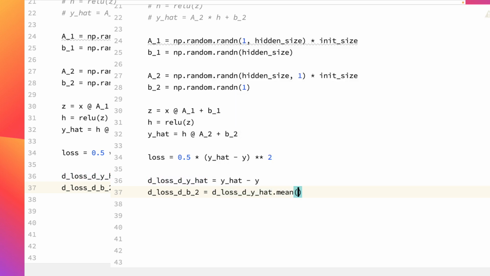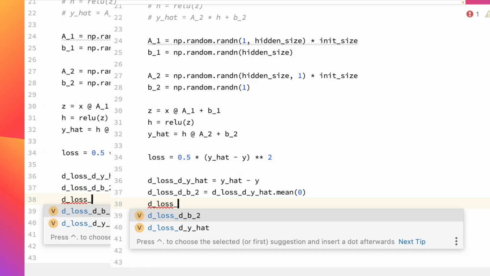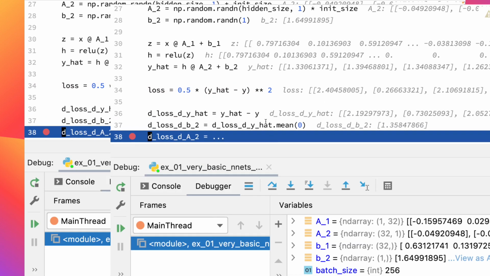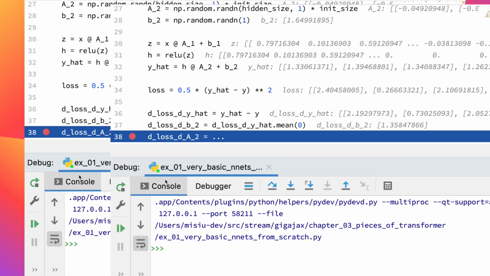So we want to take the average of this, right? And then we take the loss of a2. So what's that? Okay, so we know, this is so confusing, but anyway, we'll have to roll with it.